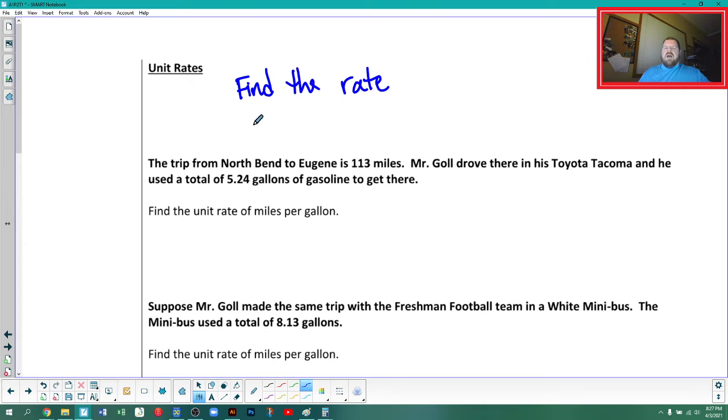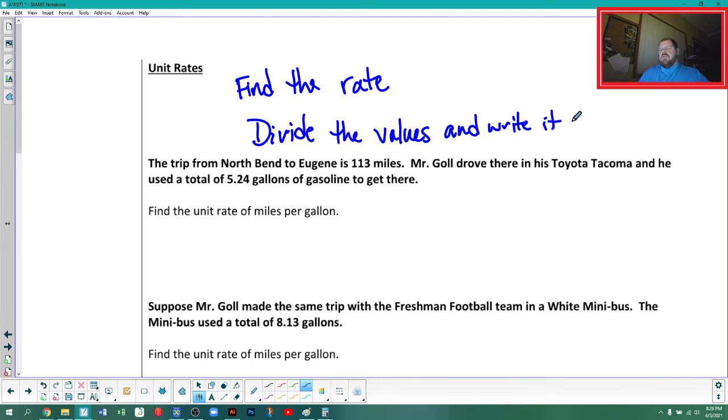We're going to divide the values and write it as a fraction. We'll look at a couple examples to see what I mean by that.